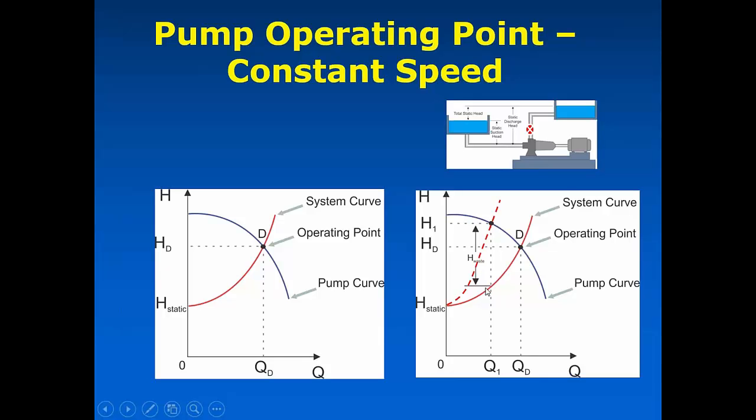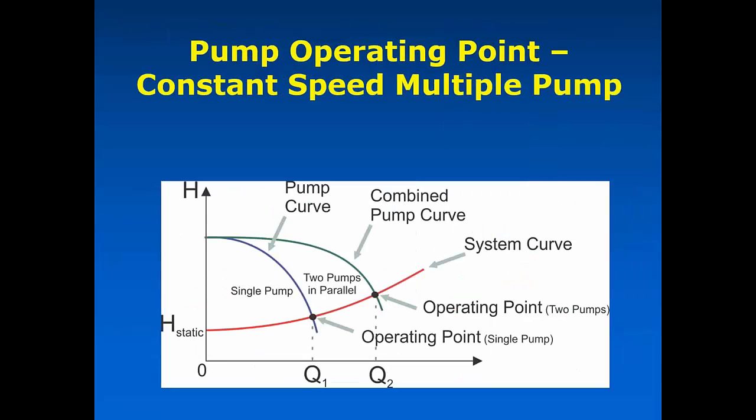And by doing that, we can see that the amount of head required in the system is a lot less than the head that the pump wants to push out. So it requires valve throttling to be able to achieve that. And there's a certain amount of energy wastage associated with doing that. So you're not operating at the most optimal point.